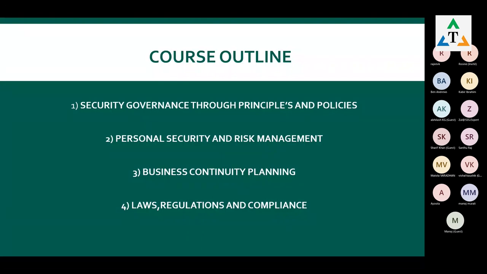First is governance through principles and policies. Second, post security and risk management, and this is where we will try to understand how we do the risk calculation. Third is business continuity, and the fourth we have is relevant law.